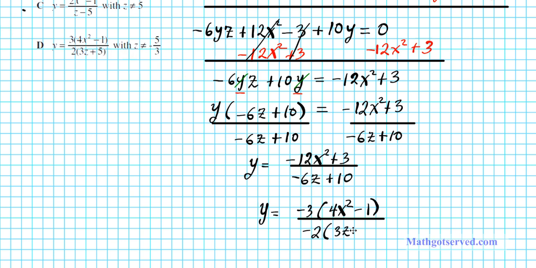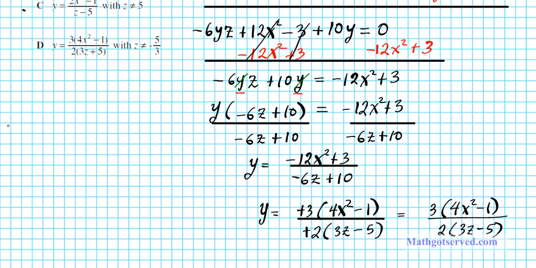You'll be left with negative 5. Okay? Alright, and then minus divided by a minus is plus, so we can slash and dash this. And then that's our final answer. Y is equal to 3 times 4x squared minus 1 divided by 2 times 3z minus 5.